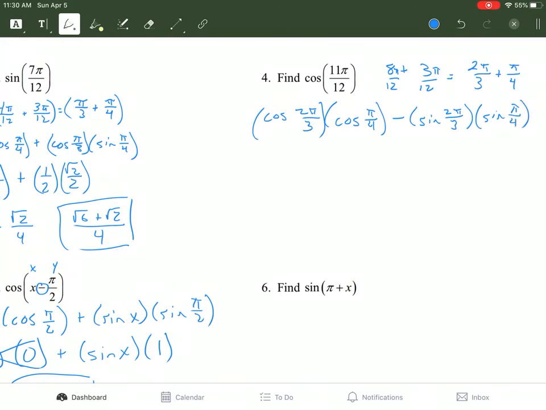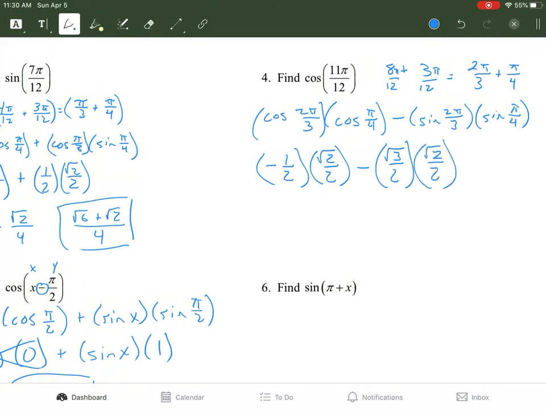Okay, again, we look at our unit circle, find out what these values are. So at 2 pi over 3, the x term for cosine is going to be negative 1/2. For cosine of pi over 4, we're going to look at root 2 over 2, minus the sine of 2 pi over 3 is going to be root 3 over 2. And the sine of pi over 4 is going to be root 2 over 2.